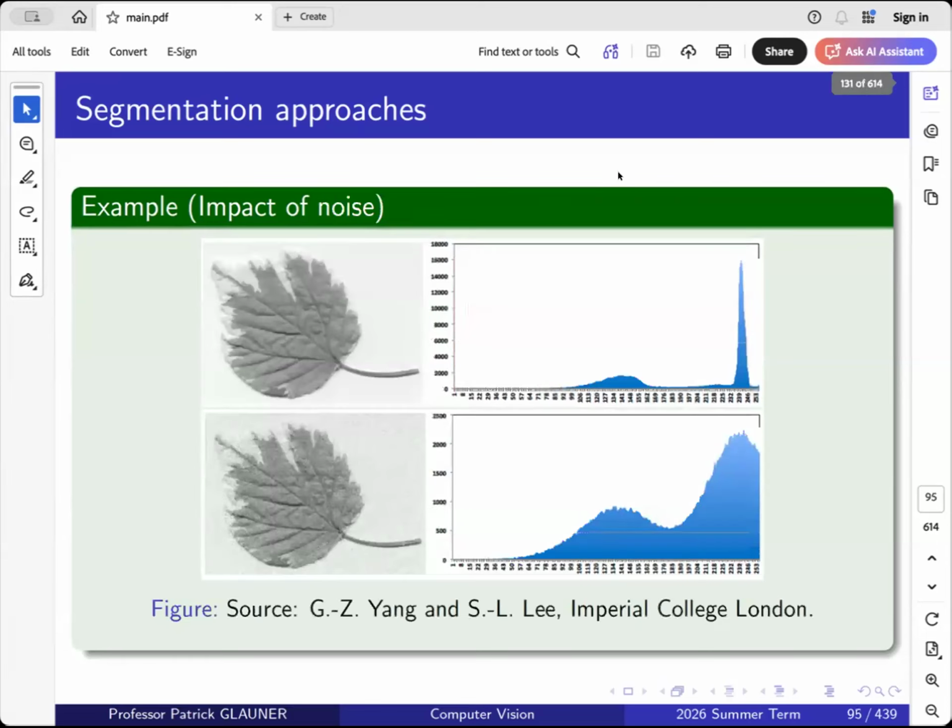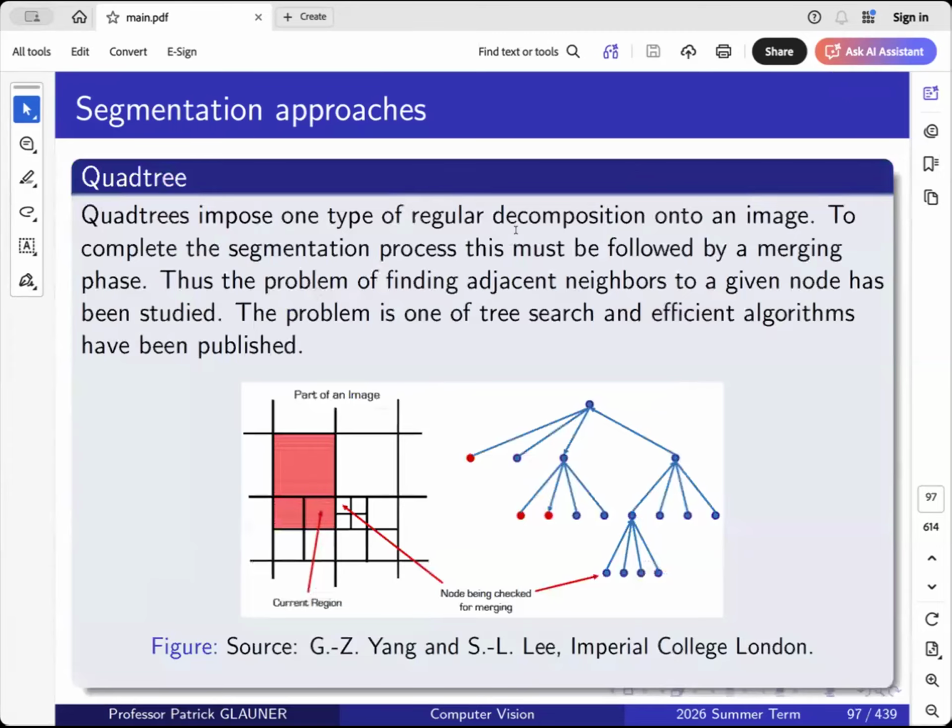But for a setting like here, without the noise, with proper illumination, go ahead and use the histogram. And this quadtree is a combination of merging and splitting.